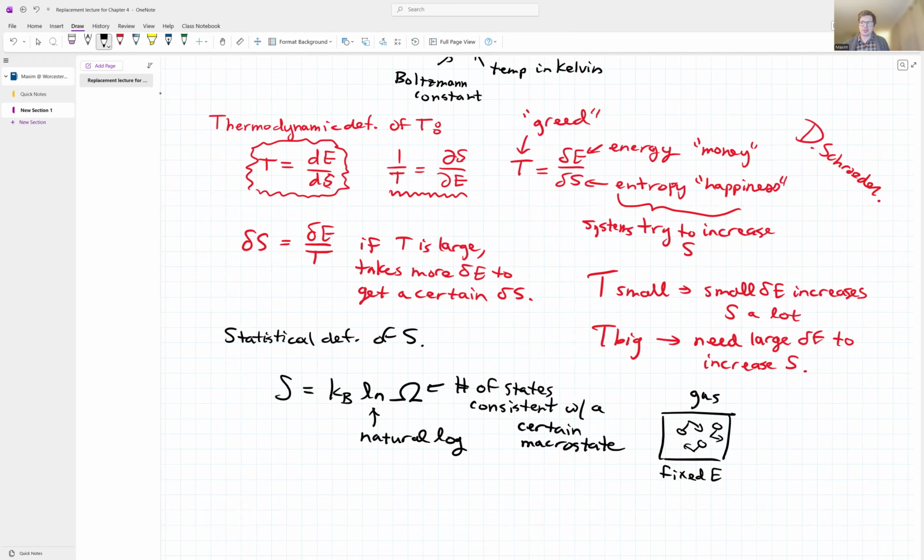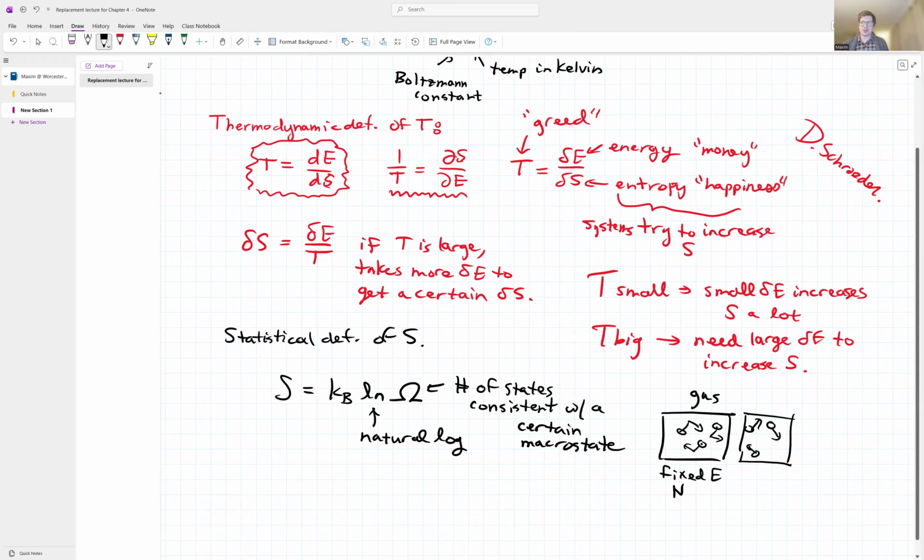So I could draw three gas particles right here. If I look at the gas again and the particles moved somewhere, so there's still three of them, but they're in some other locations and maybe their velocities are pointing in somewhat different directions. Those are still the same macroscopic state.